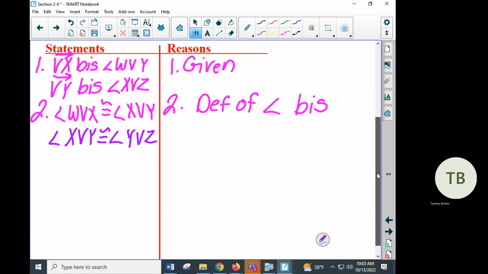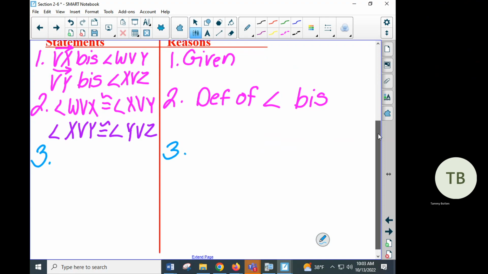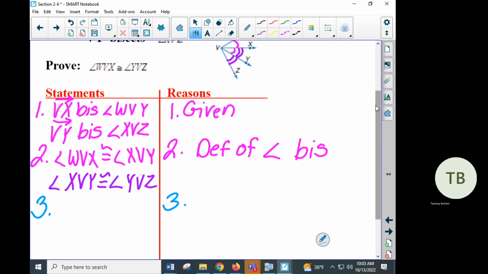Okay. Then, if we go to our next step, here's where I have to decide, what do I have to do? Okay. So notice what they want. They want that this is congruent to this. They want that these two are congruent. Is there anything we know that we could say that right now?